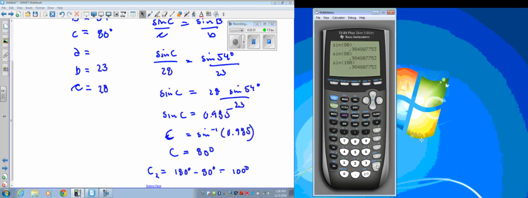There are two values that get that 0.98. So here are the two. It's 100, so there's C1. I can have a triangle C1 or I can have a triangle C2.